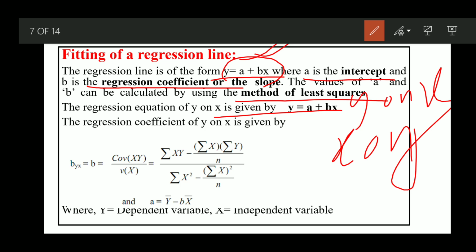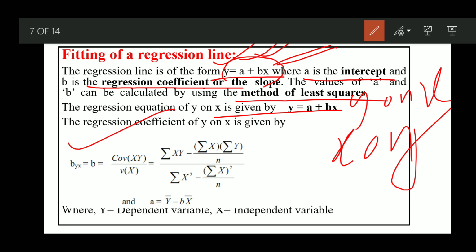Now, using this least square method, this is our regression coefficient formula. Why do we need to calculate the values of a and b using such methods? Because if you know the values of a and b, then using a given value of x you'll be able to predict the value of y.